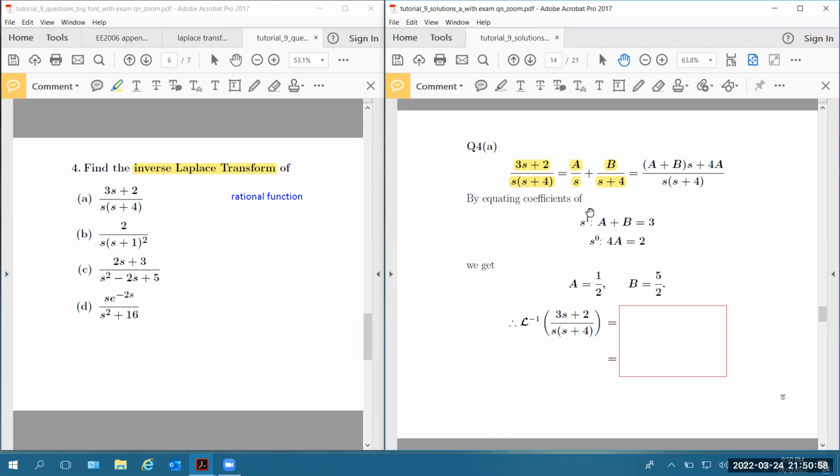This way I don't like, because I didn't learn it this way. Another way is to have a common denominator and then substitute some values of s. That method I like better. Whatever method you use, you get the constants A and B. Do you all use the equate coefficients method, or the one I mentioned, where you substitute values for s?